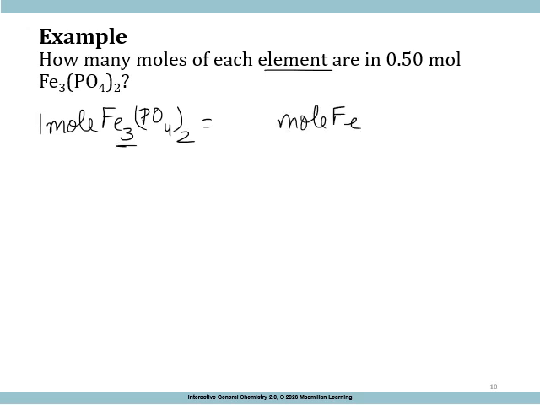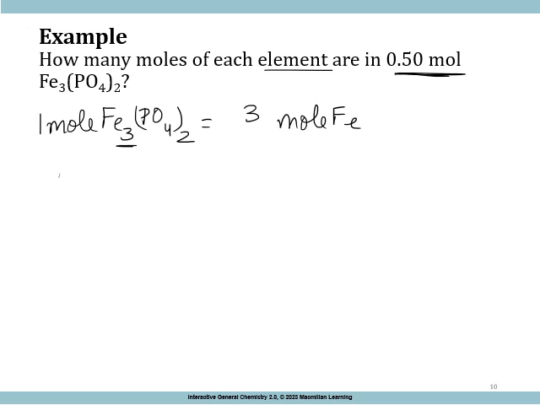You look at the subscript. How many iron atoms are present? 3. Okay, which means for every 1 mole you have 3 of these. So for every 0.5 you would have half of this, right? 1 has 3, so 0.5 would have half of that.